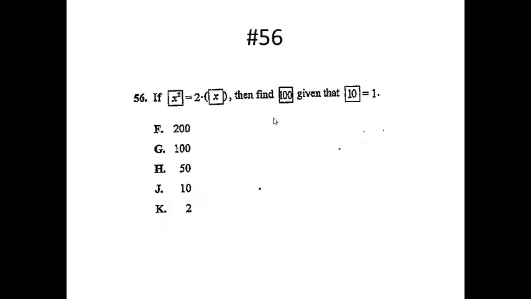All right, 56. If box x squared equals 2 times box x, then find box 100, given that box 10 is equal to 1. All right, I just kind of played around with this one a little bit, and this is what I found. I just put the 100 and the 10 in for my 2 little boxes there.